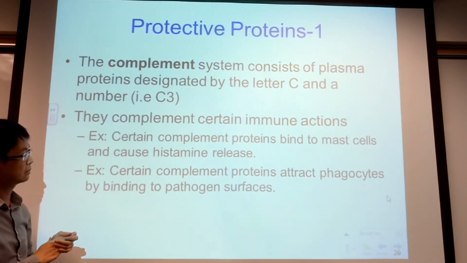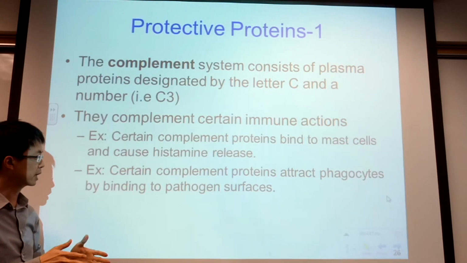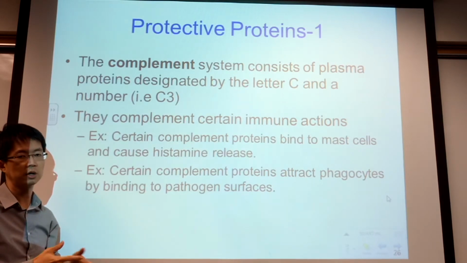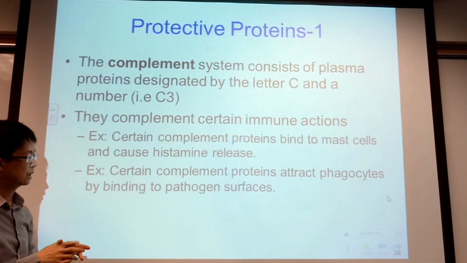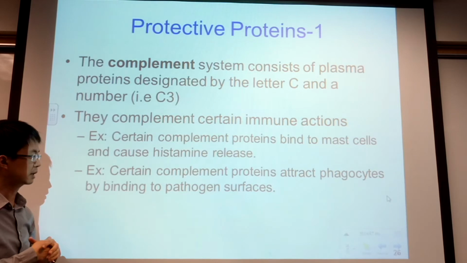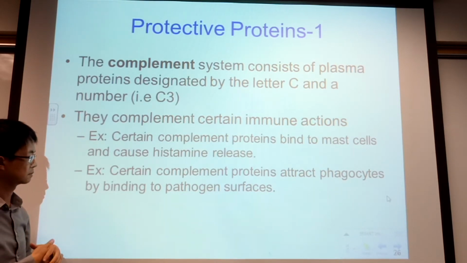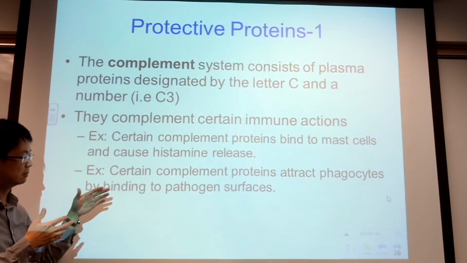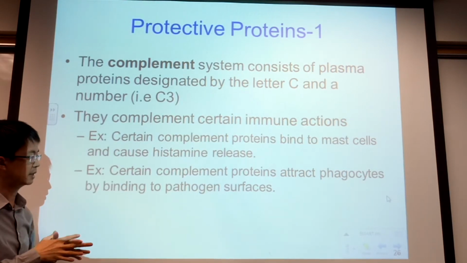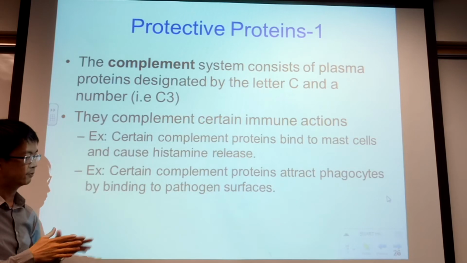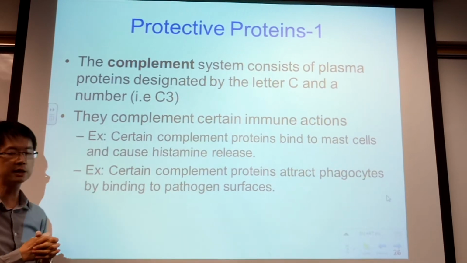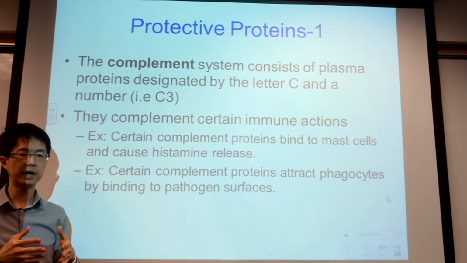Some complements bind to mast cells and tell the mast cell to secrete histamine. Some complements can attract phagocytes and bind to the pathogen surface, so they can attack the pathogen.